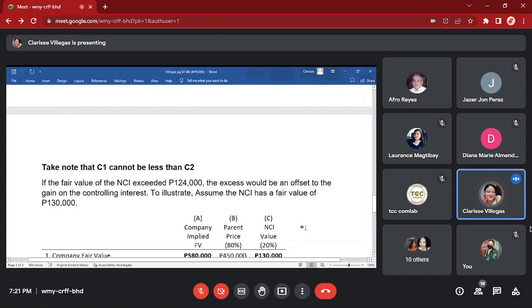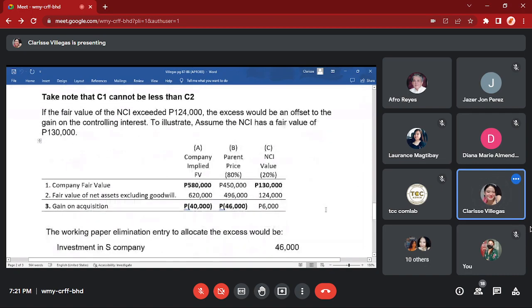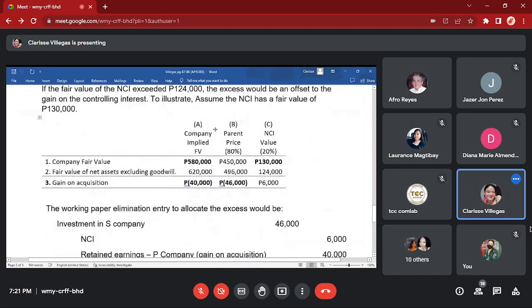To illustrate, assume the NCI has a fair value of 130. A, company implied fair value 580,000; B, parent price 80%, 450,000; C, NCI value 20%, 130,000.